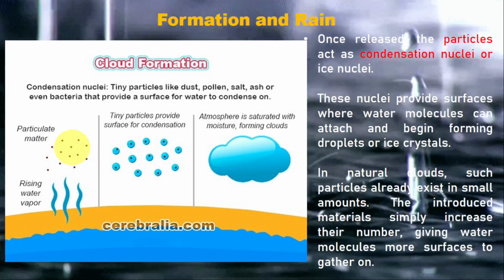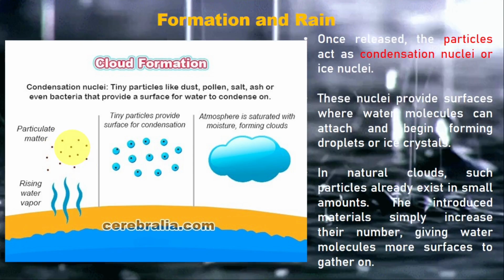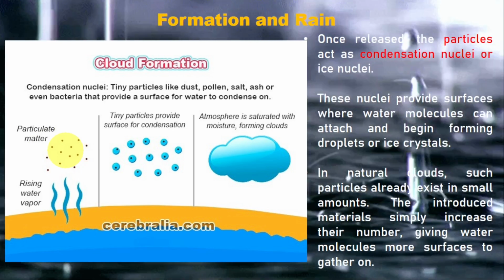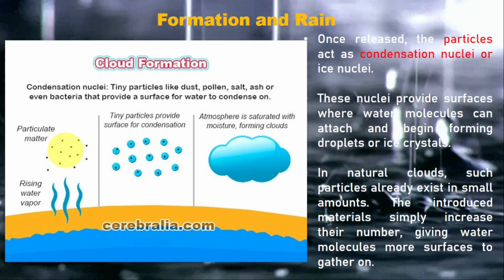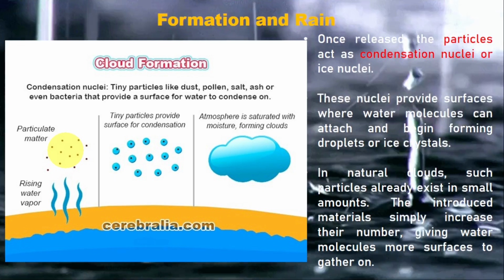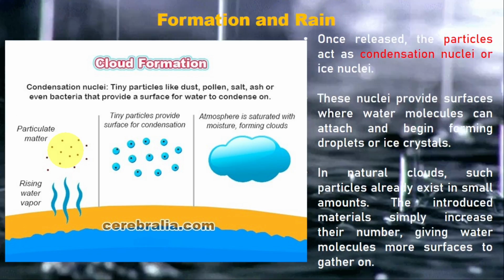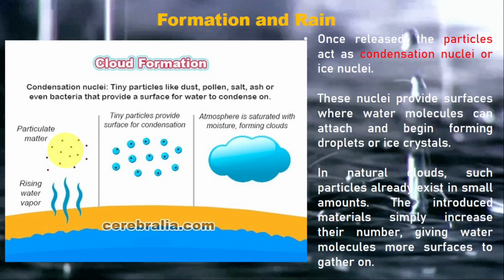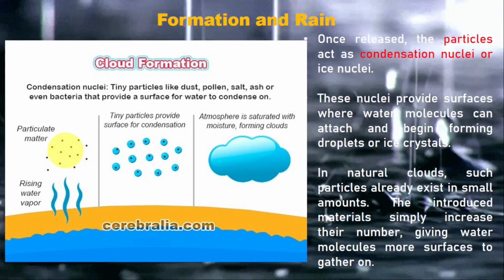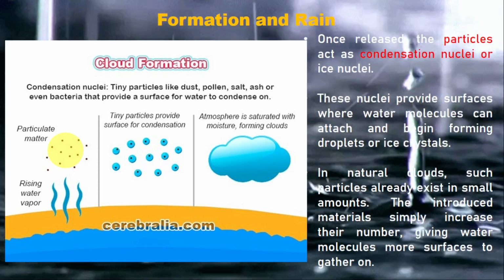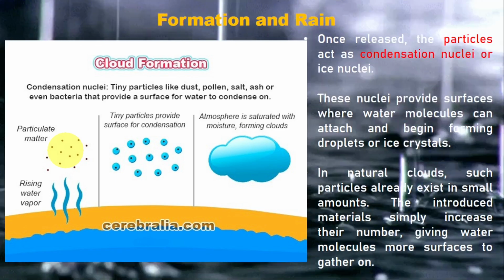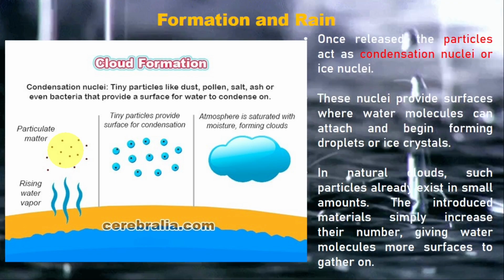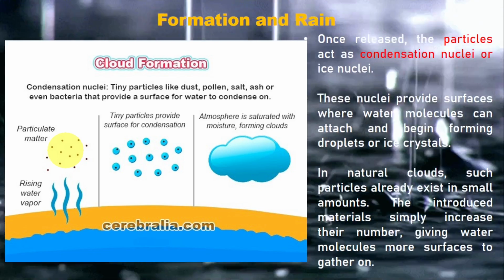However, in places where there is drought, they do not have these particles. These particles are not naturally dust; there are certain particles, and I'm going to mention them in the next slide. So in places with frequent drought, they use the cloud seeding method to increase rainfall.